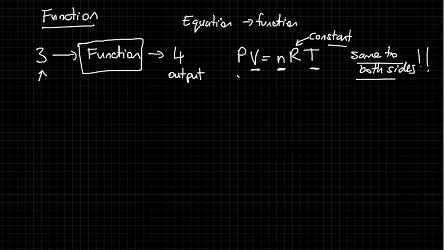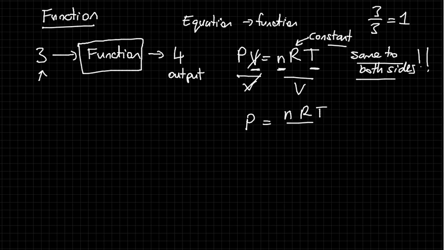I'm going to multiply both sides by V, and we see that V divided by V is going to equal 1, because if you have any number divided by itself, it's going to give you 1, because 3 into 3 goes 1 times, or 1 times 3 is 3. So we have P in terms of the other variables, N, R, T, and V. And we say that P is a function of N, T, and V.